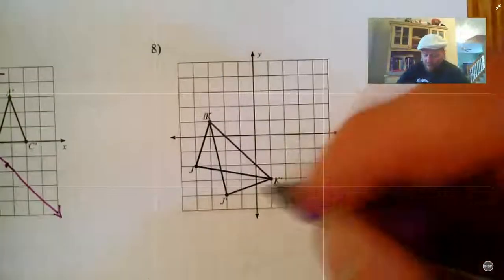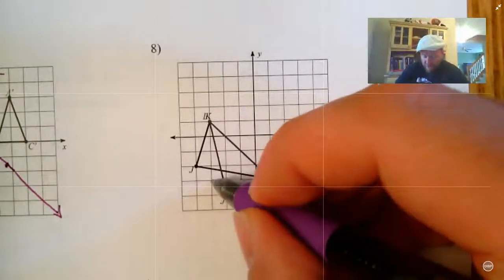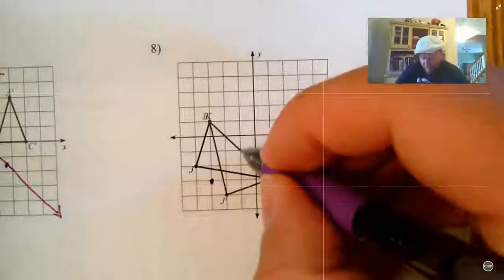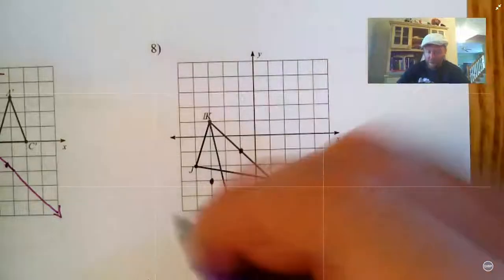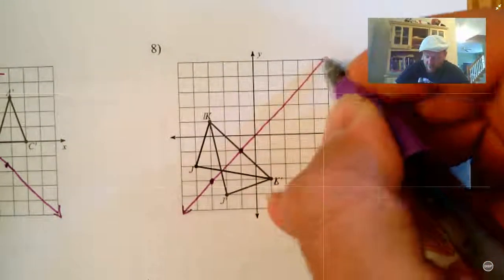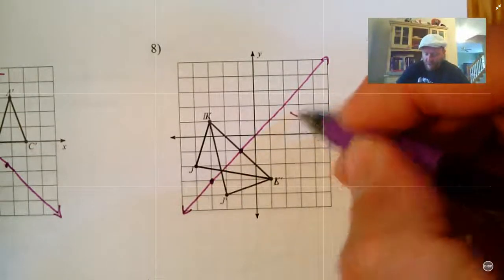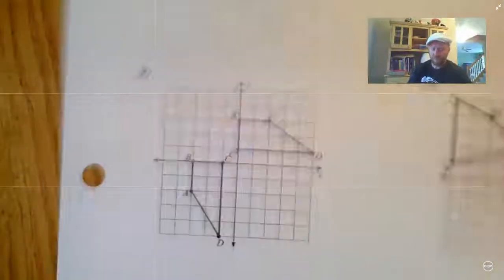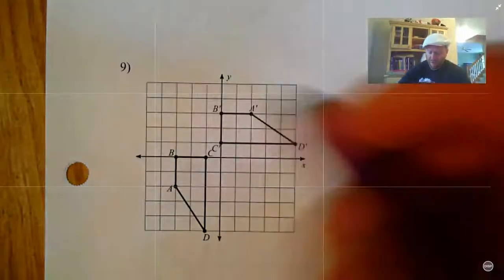All right, here you can see between J and J prime we have this point, and between K and K prime we have this point right here. So there we're shaping up to have this line right here, and this is the line y equals x. Let's see here.